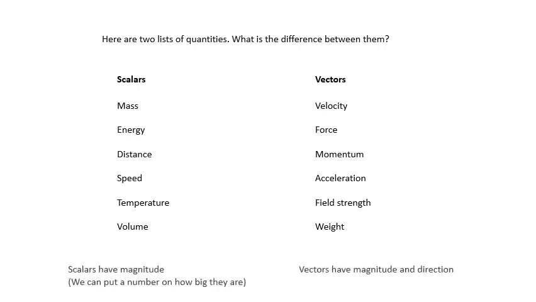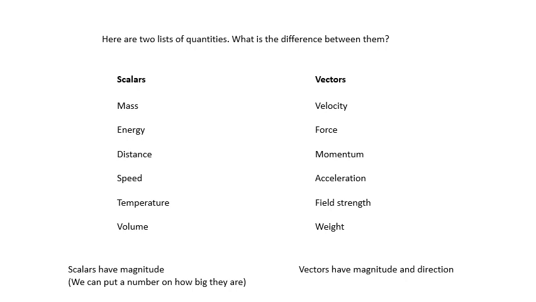What's that? Well, scalars have got magnitude, and that basically means you can put a number on how much of it there is. So a mass of 20 kilograms, 20 joules of energy, 50 meters, 12 meters per second. You can give it a number to say how big it is. Now, vectors have magnitude as well, but vectors have direction.